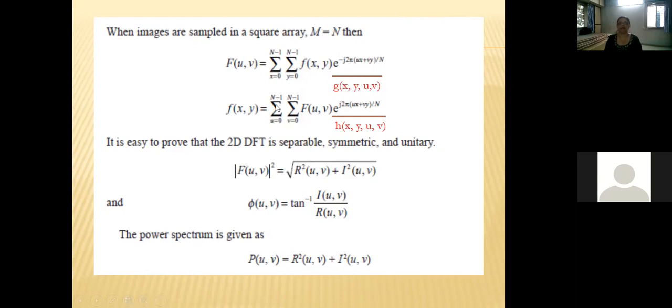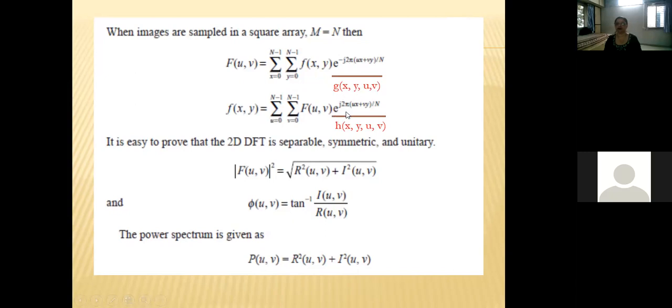And similarly, we can determine the inverse Fourier transform by using this second equation. So it is given by F(u,v) into e raised to j 2 pi (ux plus vy) by n. So the inverse transformation kernel for the discrete Fourier transform is as shown here.